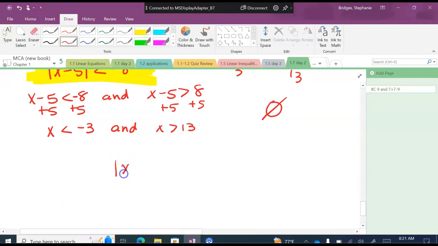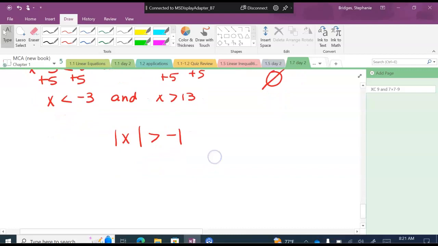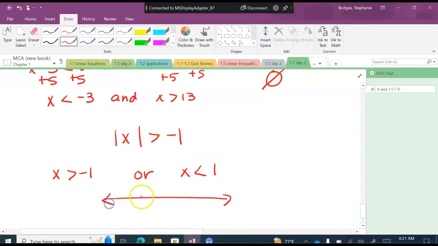If I have the absolute value of x is greater than -1, what do you think that would be? Greater than? Let's take a look. What's greater than? It's or, right? Greater than -1 is open and going to the right.